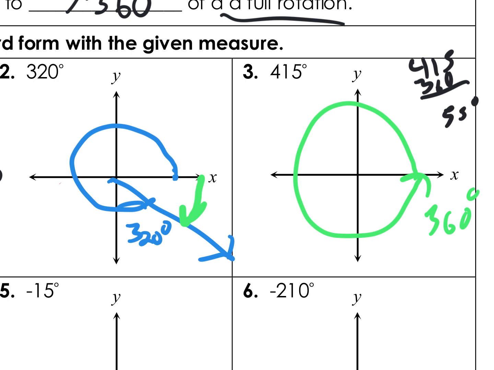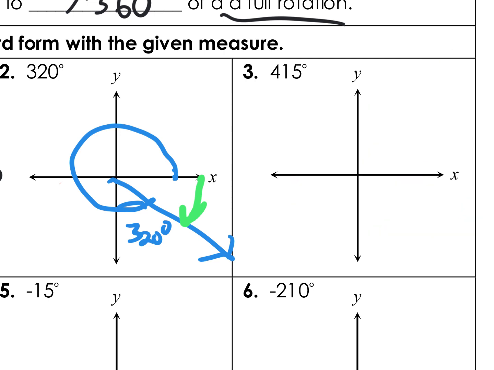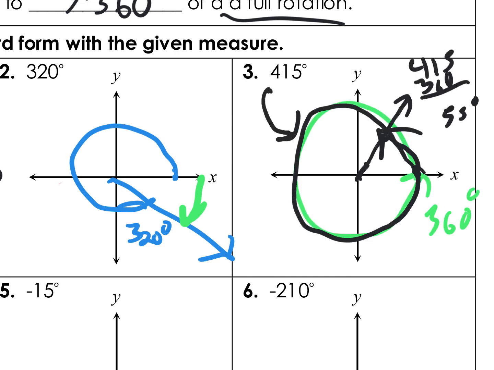You already know that halfway was 45, right? I'll just do a little more than halfway. There it is. All the way around once and a little more. That would be 415 degrees. But in reality, we won't really use the 415. We're only going to use the 55. The 55 is more important to me than 415. Just keep that in mind.